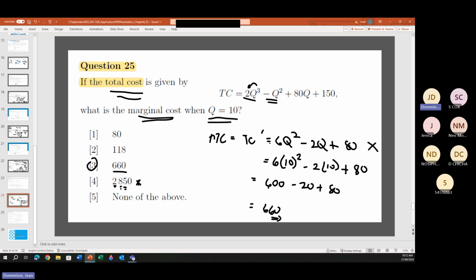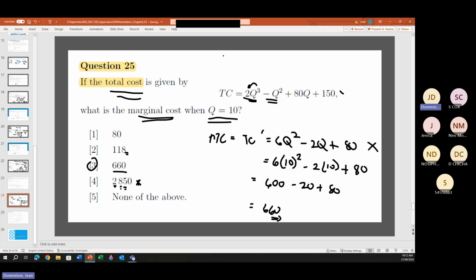The 2 will go in front, so it will be 12, and then that will be minus 2. So if you then replace it, you will get 120 minus 2, which is also an answer.